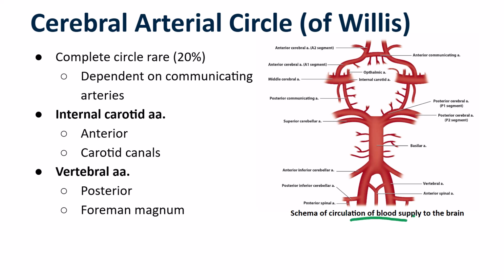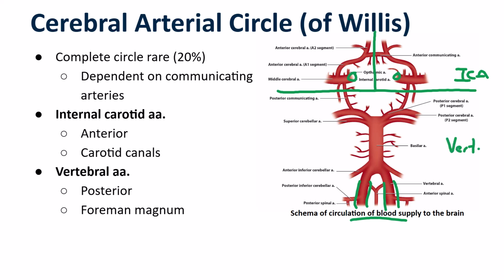This illustration is an inferior view of this circle. And what I want to do is break this up like so. And so this horizontal line that I've drawn is going to delimit the portions served by the internal carotid artery. So that's everything anterior or rostral from that, versus everything posterior is going to be supplied by the vertebral arteries.